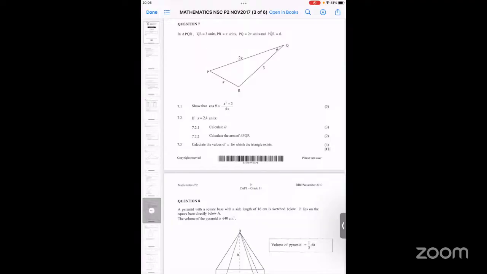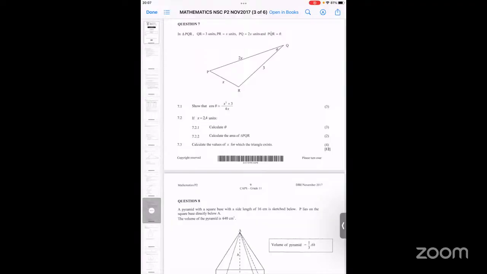Okay, that makes sense. So on the first question, what they want you to do is to show that cos theta equals the whole of that.